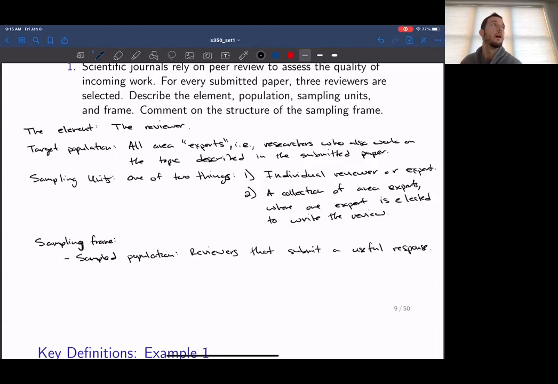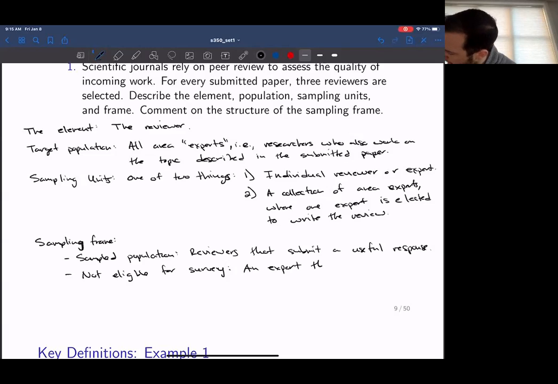Okay. And then we might have, for example, not eligible for survey. So this could be, for example, an area expert that has retired from the field. So someone that has retired.